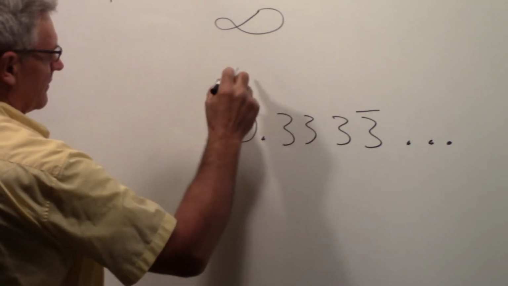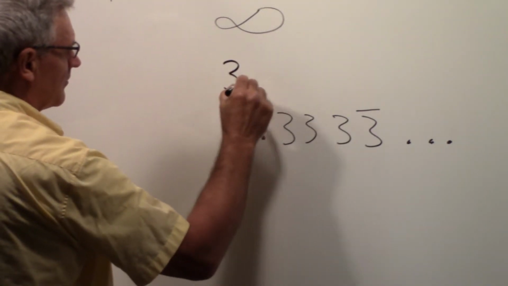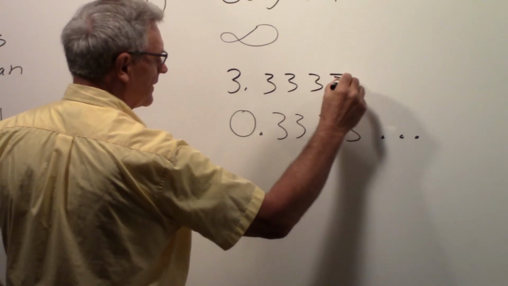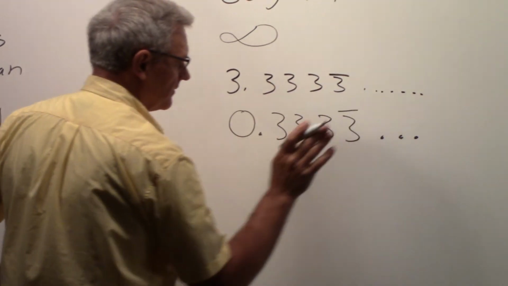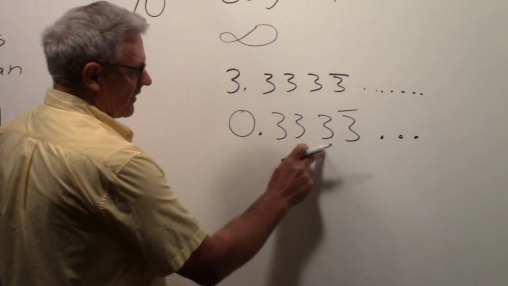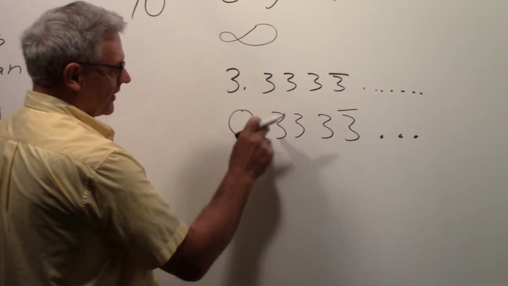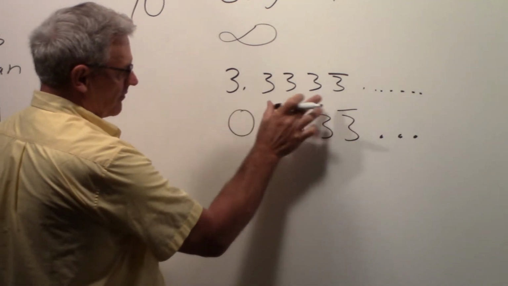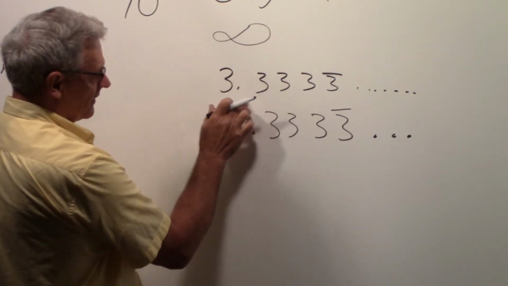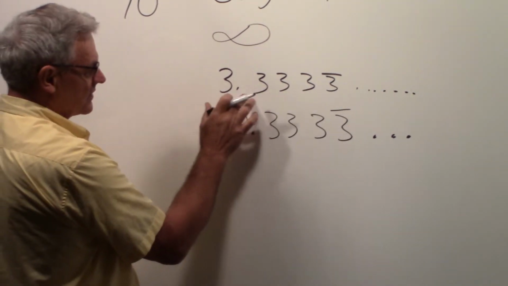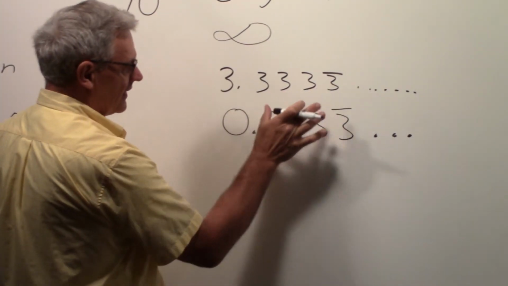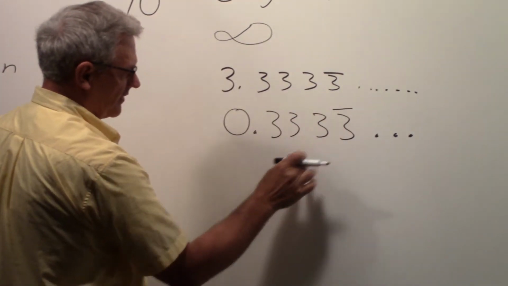So if we do that, we would get 3.3333, again repeating all the way out to infinity. So there's an infinite number of 3's on this side of the decimal point. There's exactly the same number on this side of the decimal point, even though we have shifted over 1 3. It looks like we took 1 3 away, but there's still an infinite number here and an infinite number here.